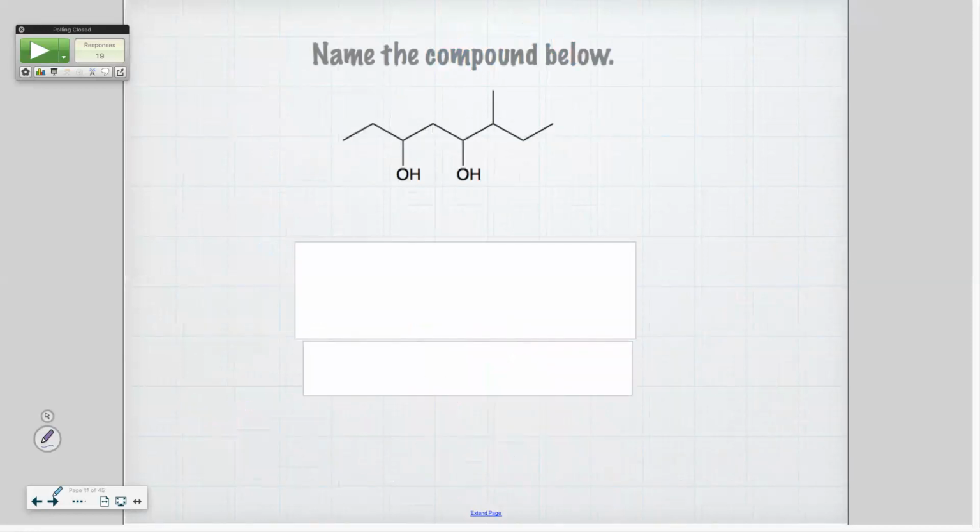All right, so name this compound. So what's your base name going to be? Okay, and then what do we need after the octane? Okay, which way are you numbering? Good.